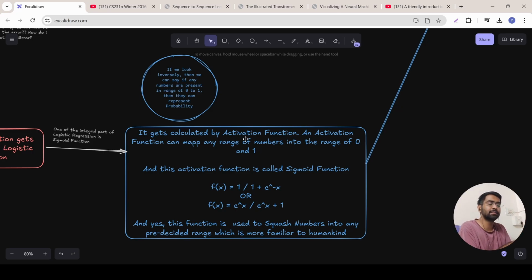That is done by this sort of activation function. It has a huge use case. Why? Because whenever we convert a range of numbers into the range of 0 and 1, we are indirectly setting the probability.